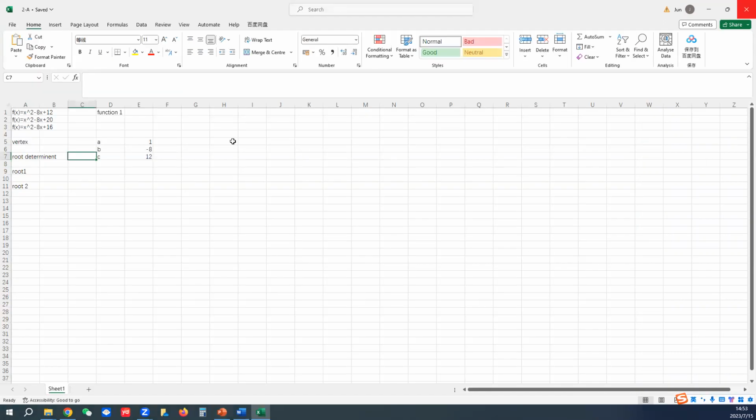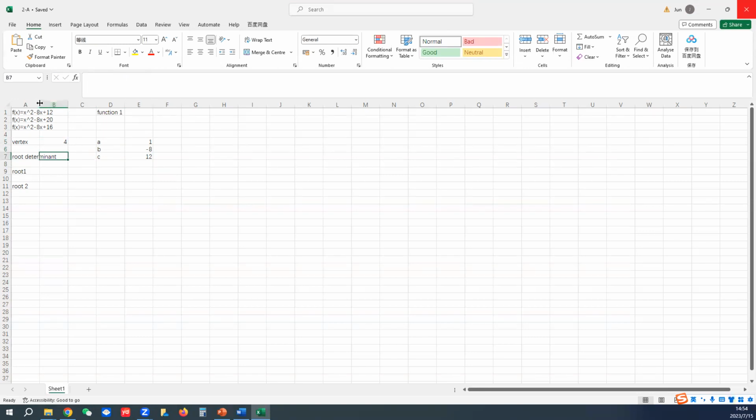Root determinant. All right. So here, the vertex is minus b over 2a. That is the vertex in this case. So here, x equals 4, the straight line should be the symmetric pivot.